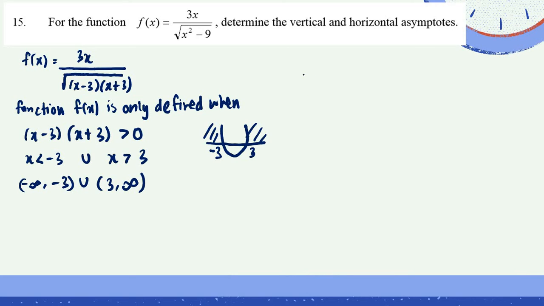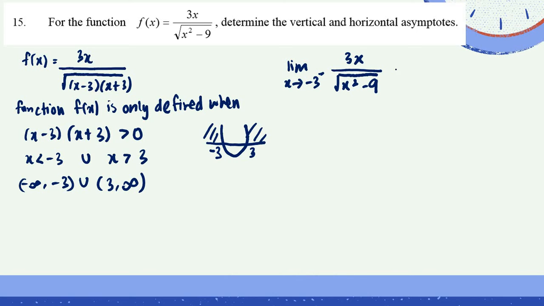Therefore, to check for the vertical asymptote, we must take the values of the domain that we have. So check the limit of x approaching negative 3 from the left, because that goes to infinity. We take the same function, 3x over the square root of x squared minus 9.